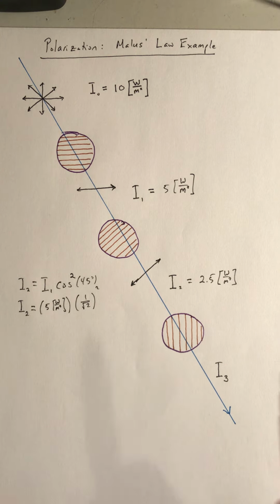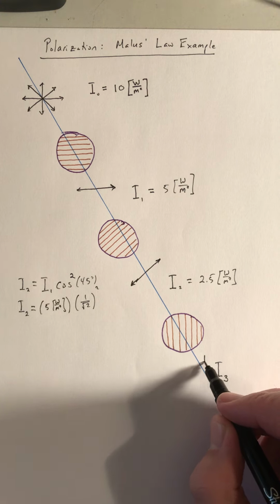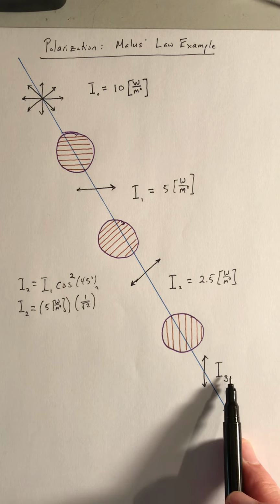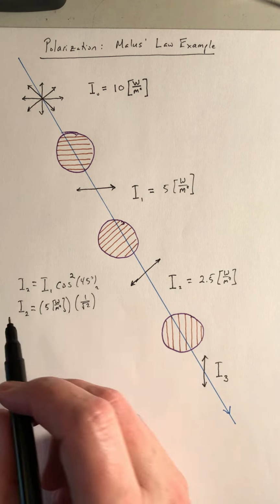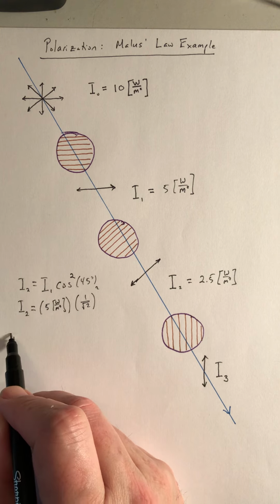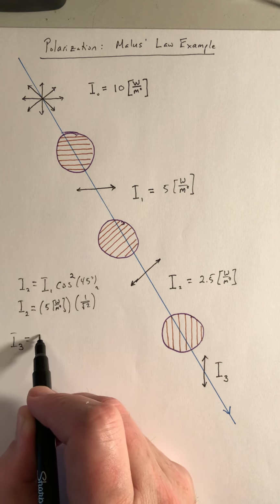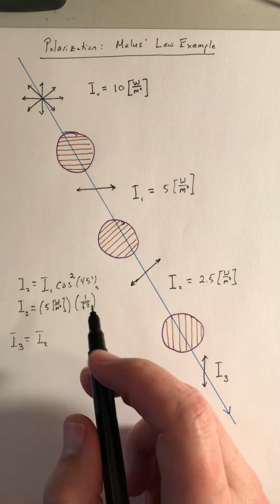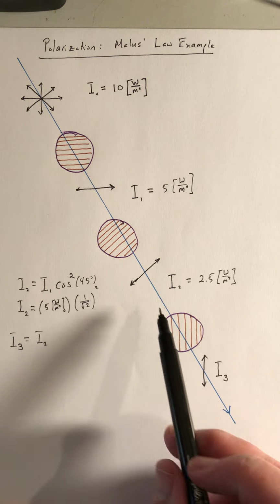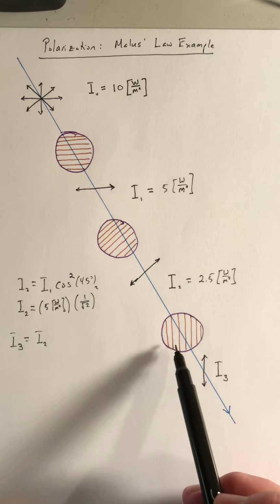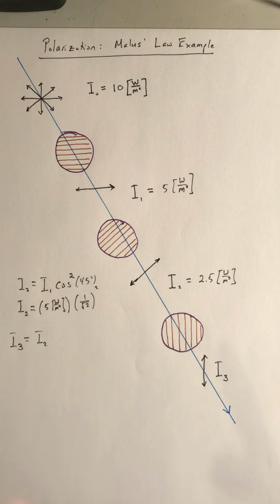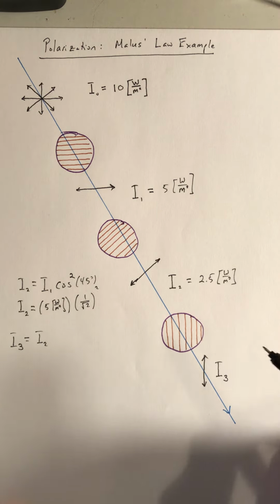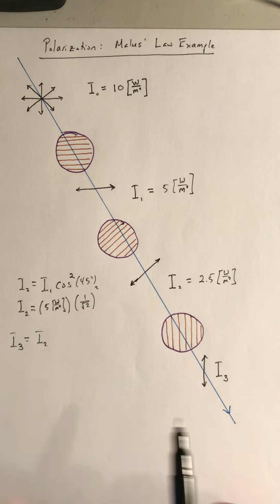All right, now that light that is polarized at 45 degrees to the horizontal is going to pass through a vertical polarizer. And the light that passes through this is going to be vertically polarized. And we want to find the intensity again. So that is going to be the intensity I3, which is going to be the incident intensity on a polarizer, which was I2, and the angle between the plane of polarization and the polarizer is again 45 degrees, because this is at 45 degrees to the horizontal, which is also 45 degrees away from the vertical.